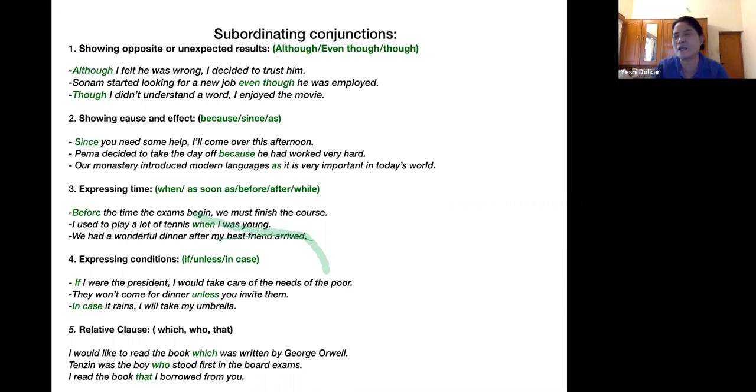So this is just an explanation about how to use all these subordinating conjunctions and how you get a complex sentence. You have to practice writing sentences.